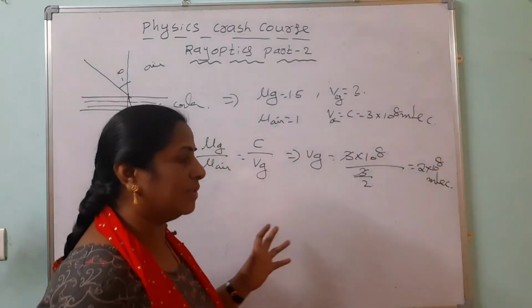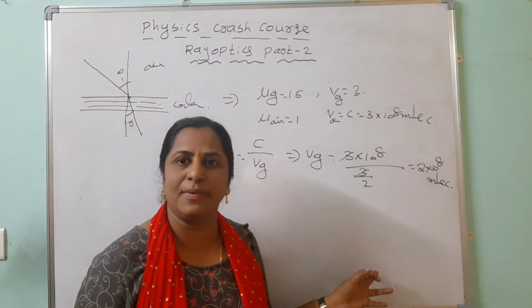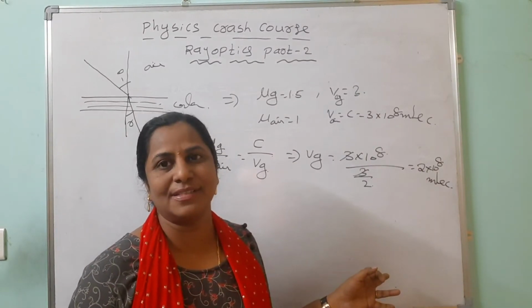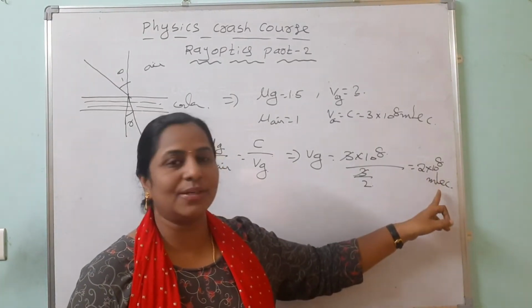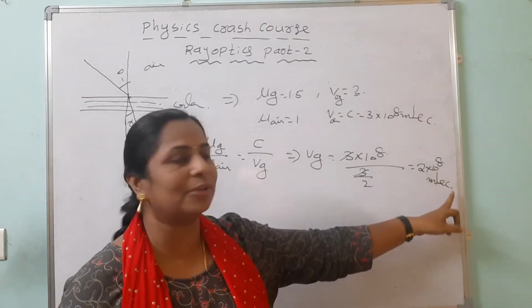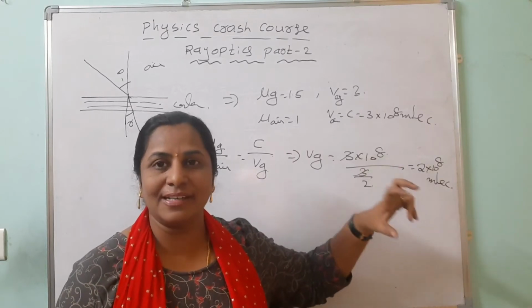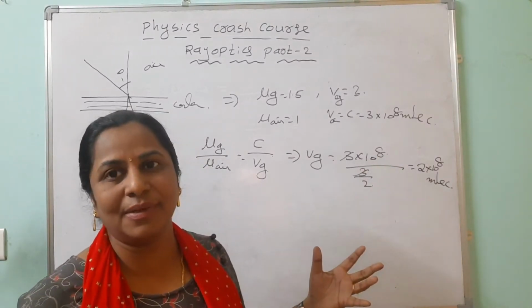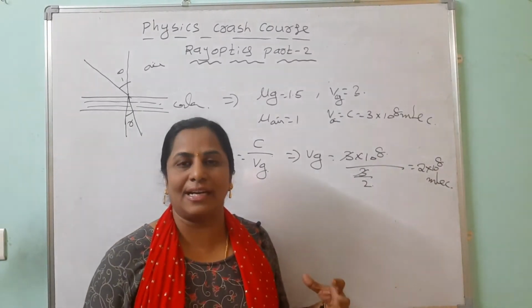So when we observe the case of water, what is the speed of light? 2.25 into 10 to the power of 8, and here it is 2 into 10 to the power of 8 meters per second. But in space, 3 into 10 to the power of 8 meters per second. From this what are we understanding?